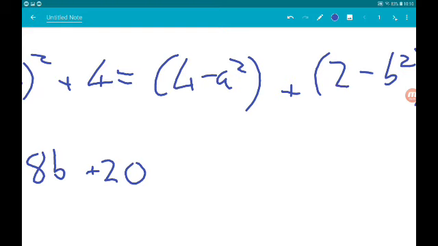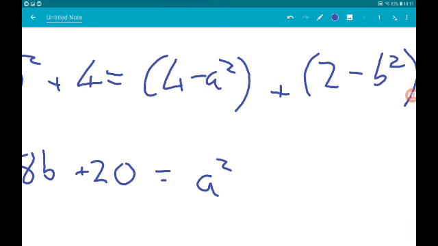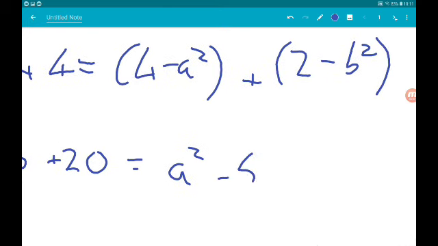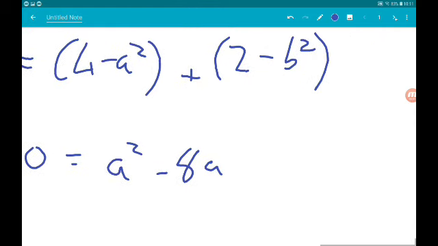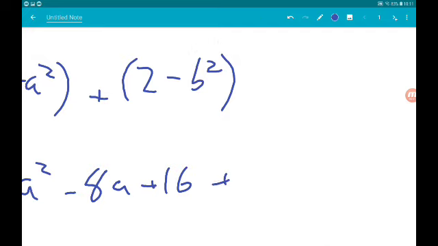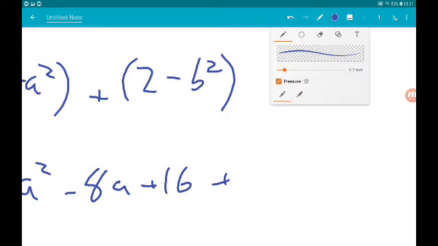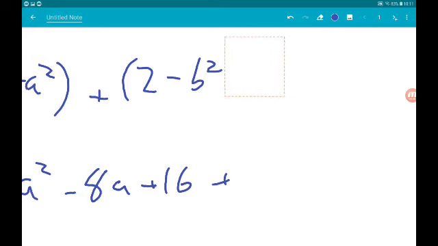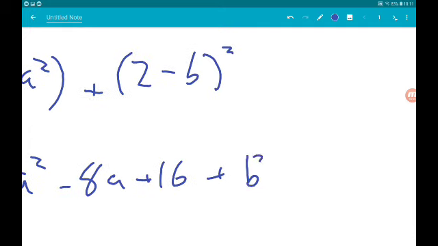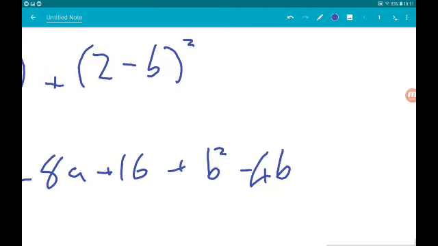Then we got on the right a squared minus 8a add 16, add b squared minus 4b add 4. Right.